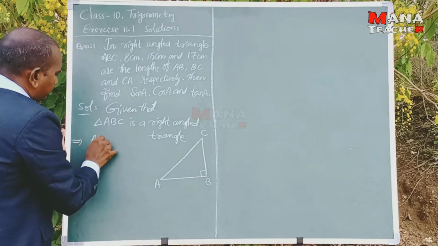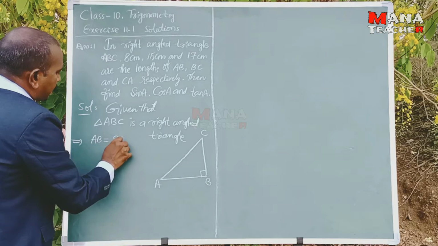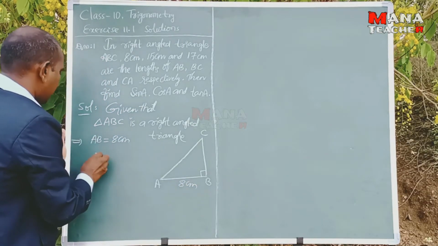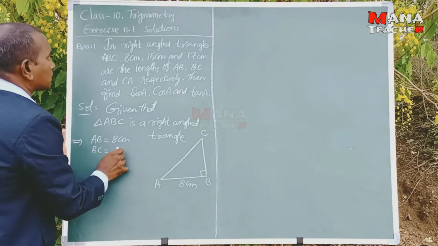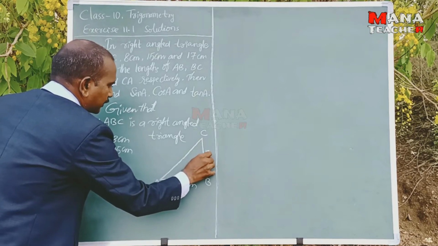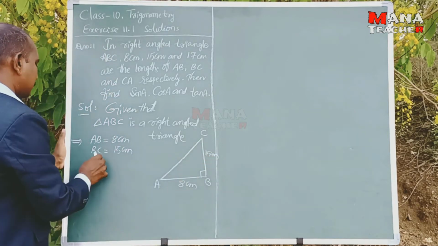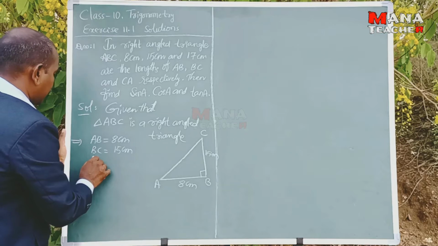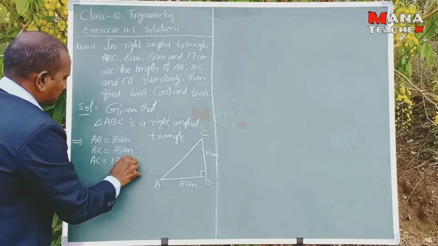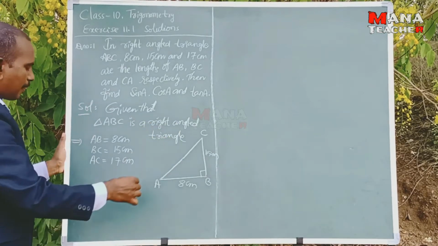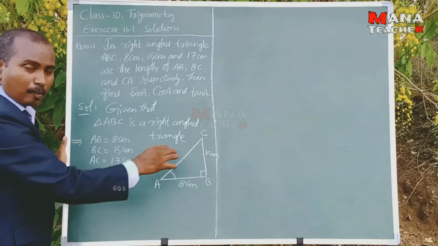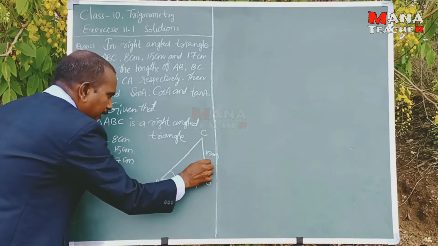AB equals 8 centimeter, BC equals 15 centimeter, AC equals 17 centimeter. So here, for angle A, the opposite side is BC.